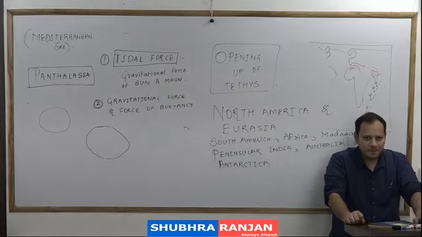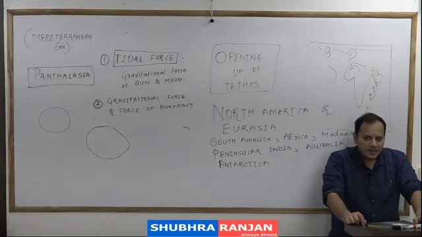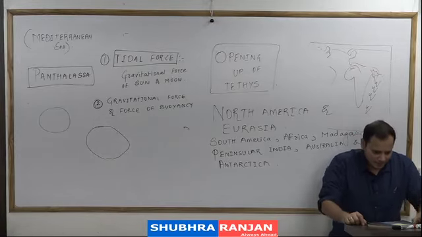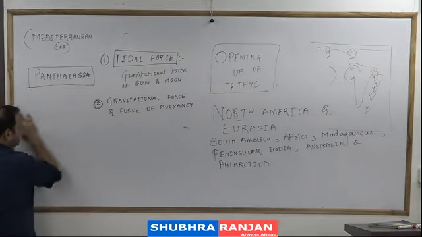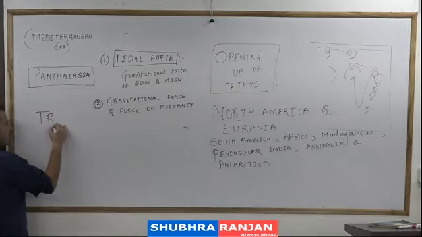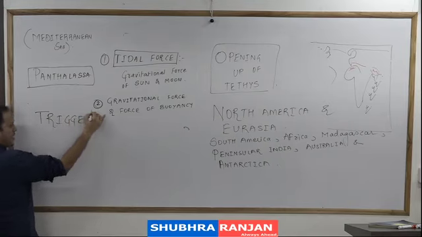This is the first point. So second point is Wegener could not explain the trigger mechanism. Now trigger mechanism means exactly what happened.